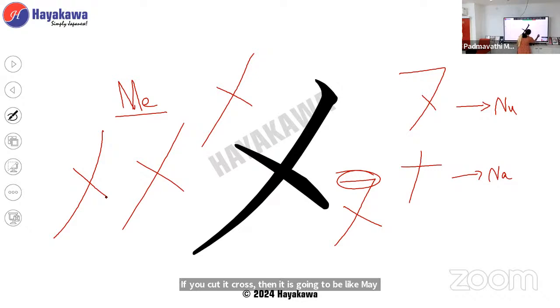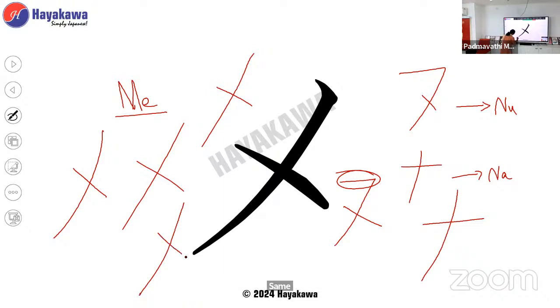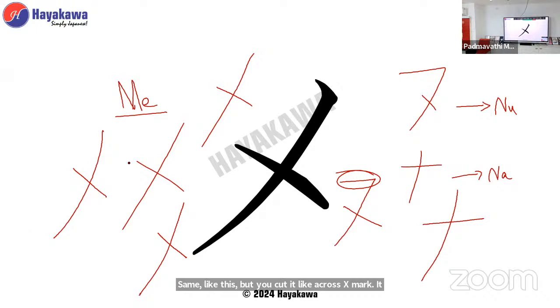So for na, this vertical line is similar, but we will cut it straight. So this becomes na. Same vertical line like this, but you cut it like a cross, like an X mark. It is going to be me.